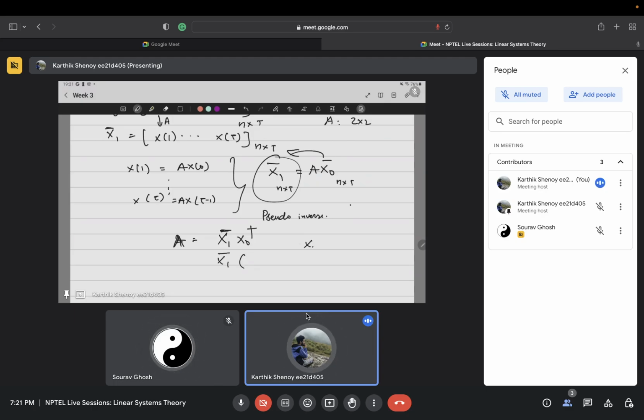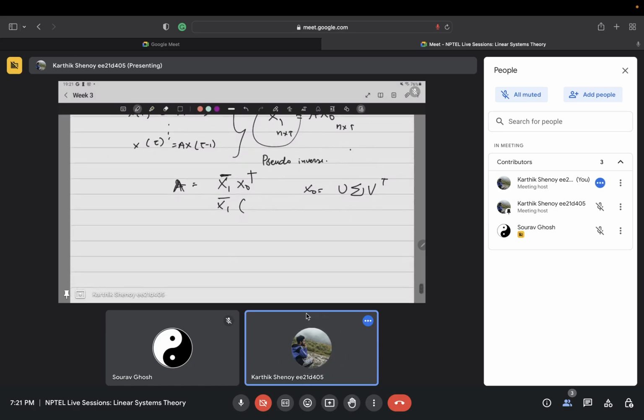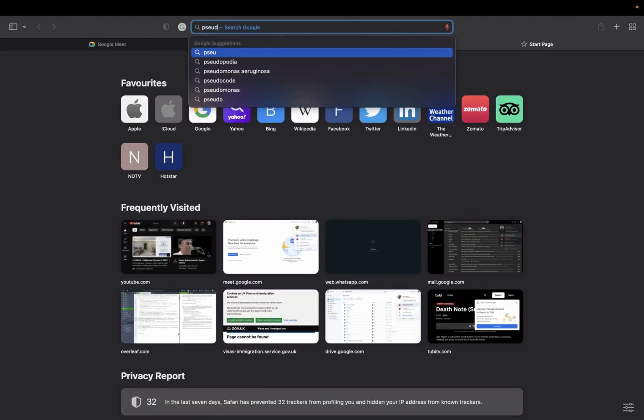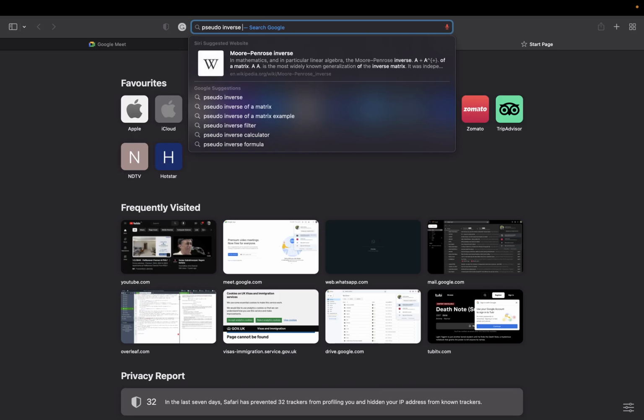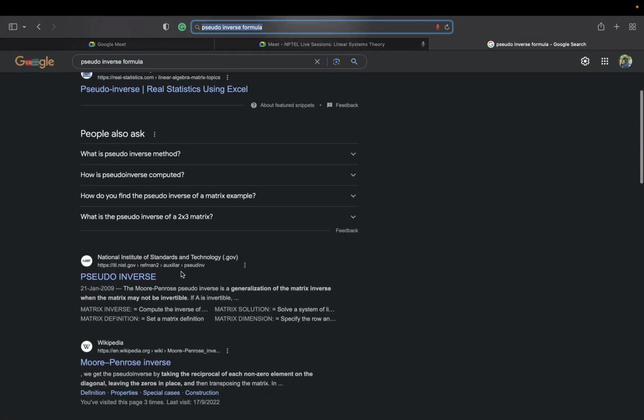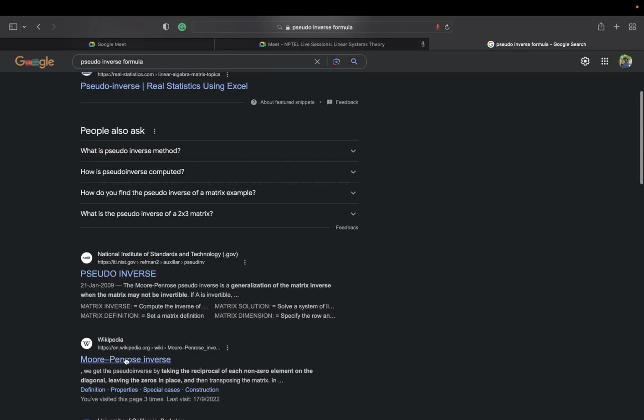So x0 can be written as U sigma V transpose. Okay. So the pseudo inverse, you would have seen the formula, right? I actually forgot, just a second.